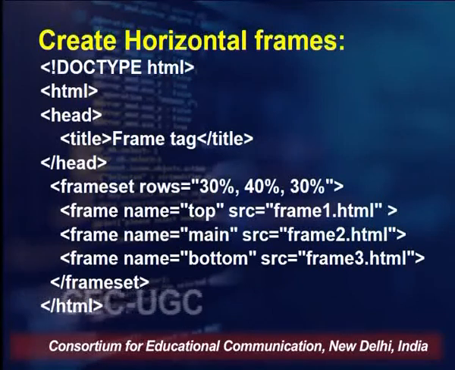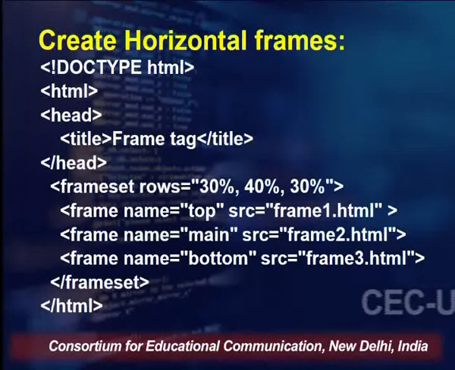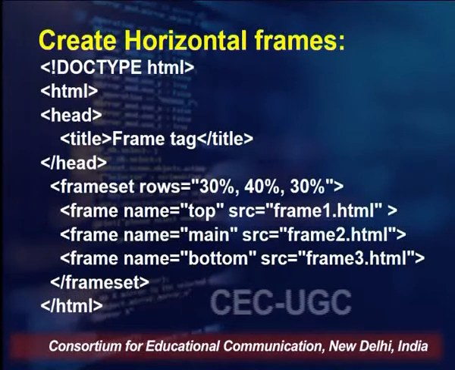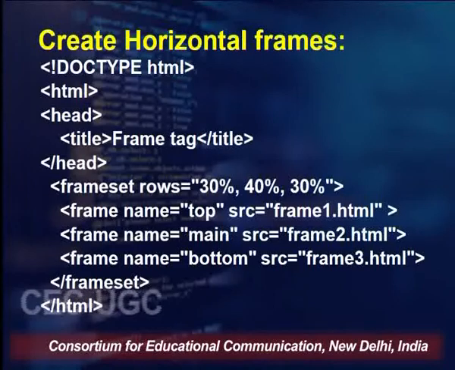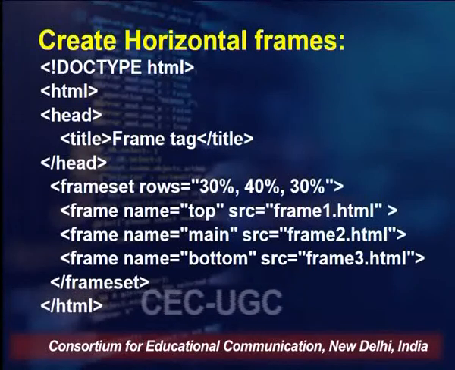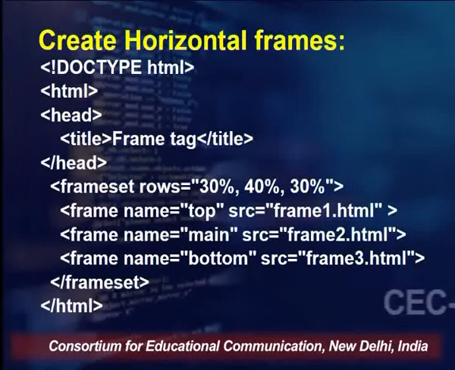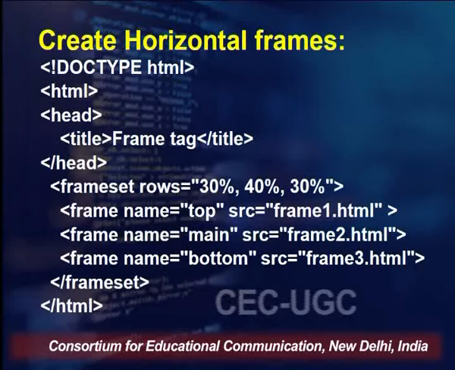Again, please notice the absence of the body tag, and here we have frameset rows equals, instead of columns we have rows, and the percentage distribution is quite up to your requirement. You can have 30 40 30, or 25 75 25 as well, or even two frames within one section, one of 20%, another of 80%. Here I have taken the example of 3 frames, but you can have 2 as well.